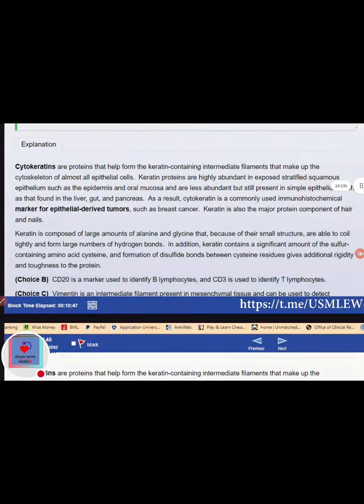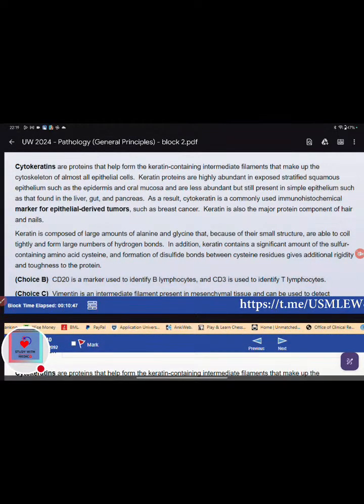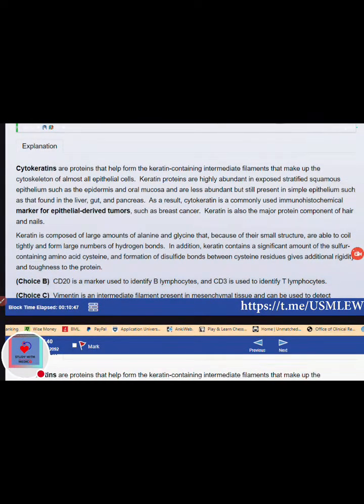Why? Cytokeratins are proteins that help form the keratin-containing intermediate filaments that make up the cytoskeleton of almost all epithelial cells.